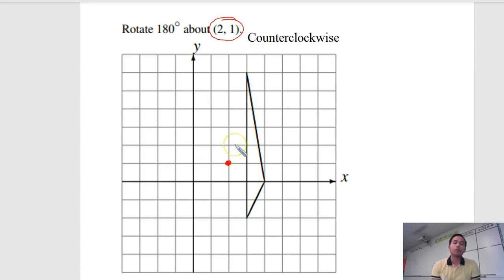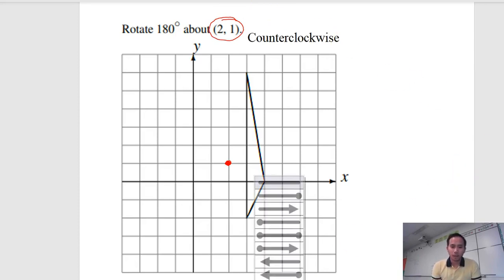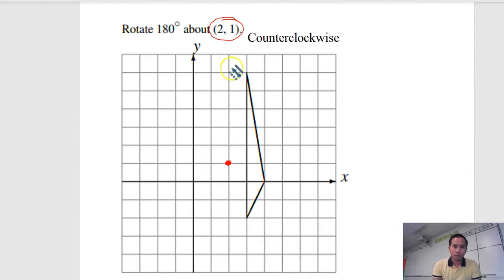Okay, so from the point of rotation, we're going to make a new Cartesian coordinate plane. So I'm going to draw a line that passes through the point (2, 1), so that this is my new Cartesian coordinate plane.